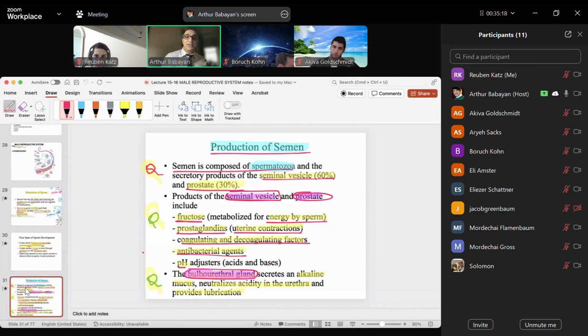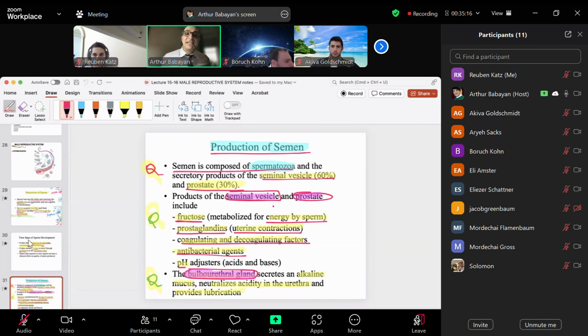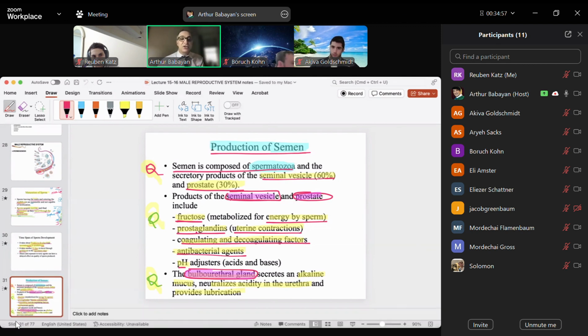That is the production of the sperm. Semen is composed of spermatozoa, with seminal vesicle fluid 60% and prostate gland 30%. You remember I mentioned that. Seminal vesicles and prostate gland include fructose, which gives the energy for the movement of the spermatozoa. Prostaglandins bring about uterine contraction.